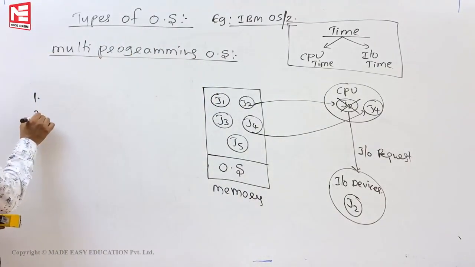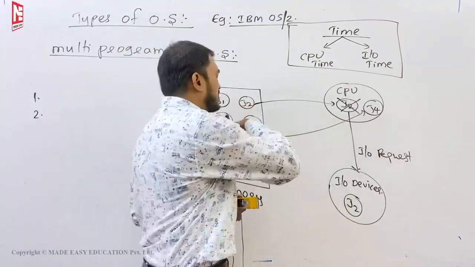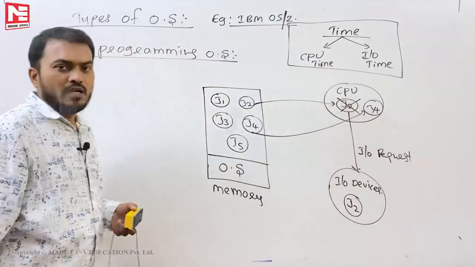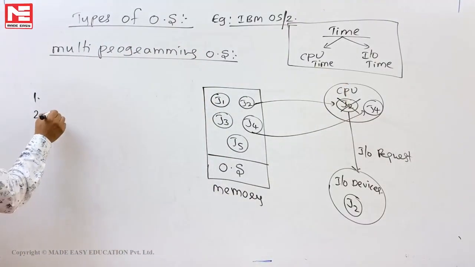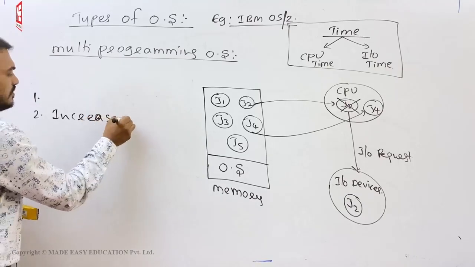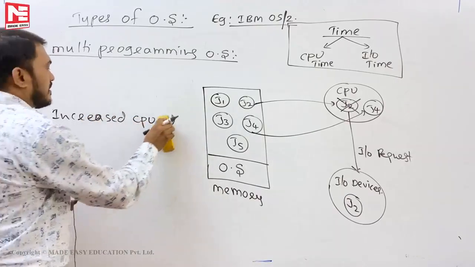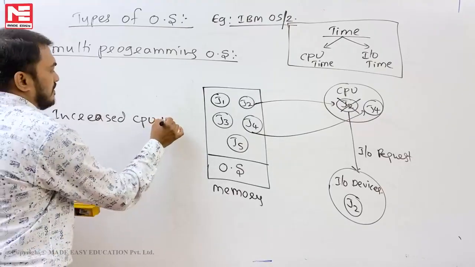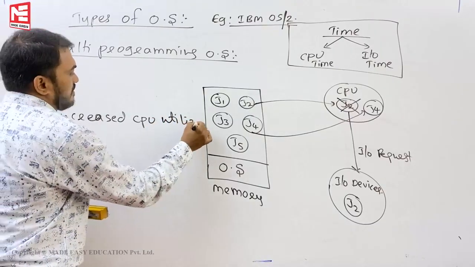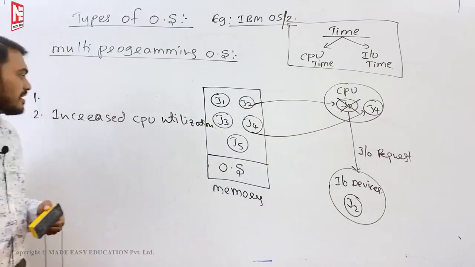Now because of this, what is the advantage? When the job is leaving the CPU, another job which is ready for execution will be scheduled onto the CPU. So what is the advantage of this? Note down: increased CPU utilization. So CPU utilization is increased.